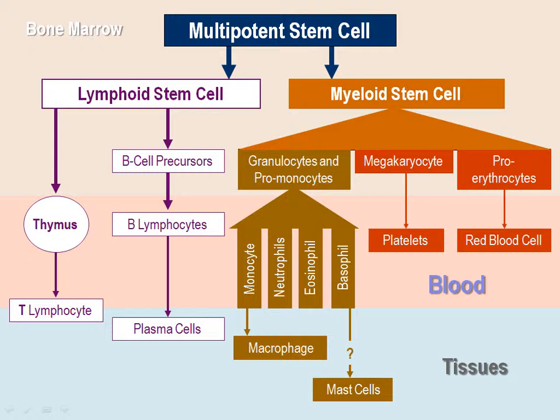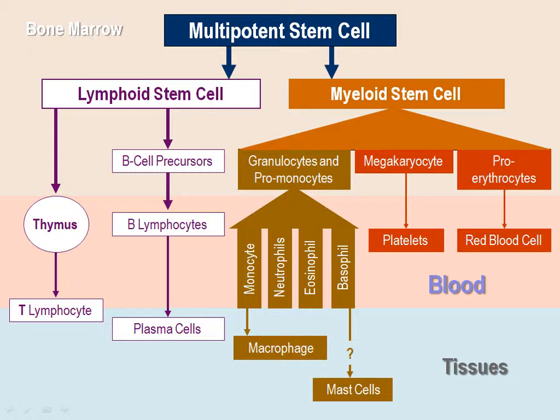These multipotent stem cells have the potency to produce lymphoid stem cells and myeloid stem cells. Lymphoid stem cells can migrate to the thymus, and in the thymus, they're going to produce the T lymphocytes. And T lymphocytes can appear in the blood and also in the tissues.